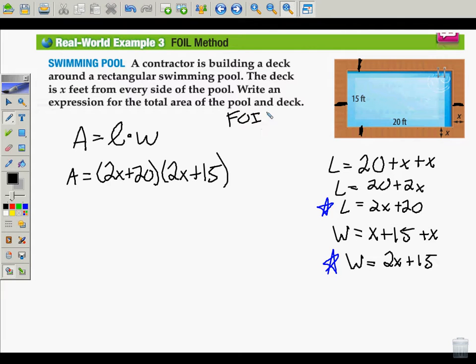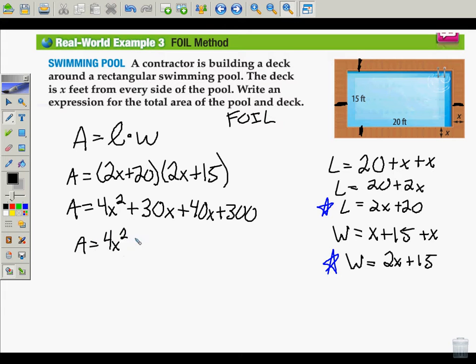So I'm going to get my area is first times first, 2X times 2X, 4X squared, plus outside times outside, 2X times positive 15 gives me 30X, plus inside times inside, 20 times 2X is 40X, plus last times last, 20 times 15 is 300. Then when I combine my like terms, the area would be 4X squared plus 70X plus 300.